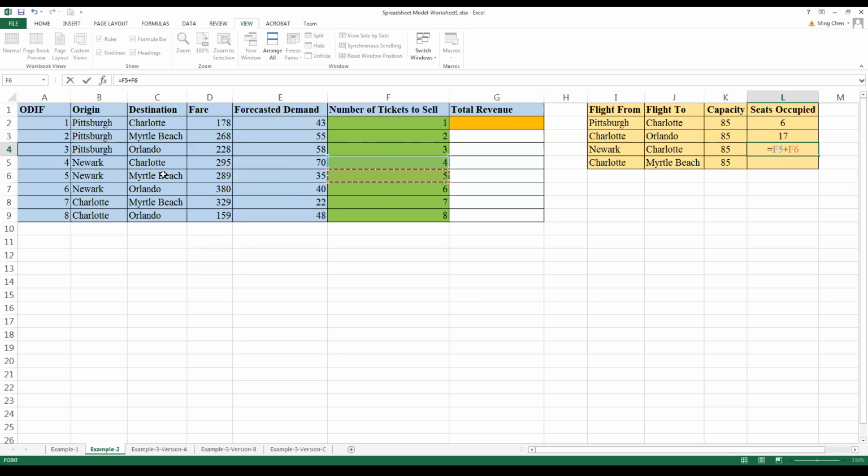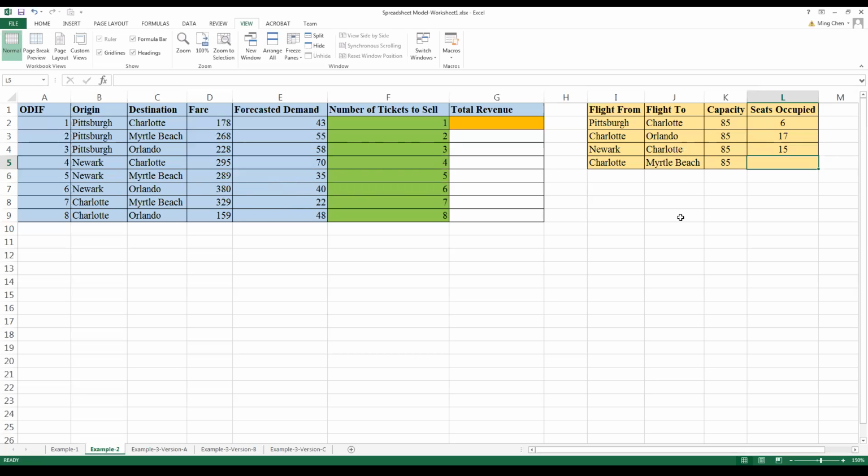The ones who are going from Newark to Myrtle Beach will go to Charlotte first, Newark to Charlotte first. So they have to take this flight, then make a connection going to Myrtle Beach. And also the ones who are going from Newark to Orlando. The ones who are going from Newark to Orlando will go from Newark to Charlotte first, then from Charlotte to Orlando. So that is the total number of passengers who will be sitting on this flight.